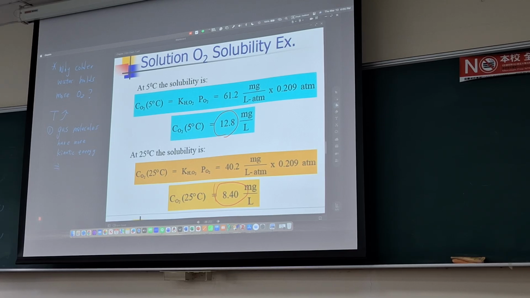And this means the dissolved oxygen might leave the water easily.